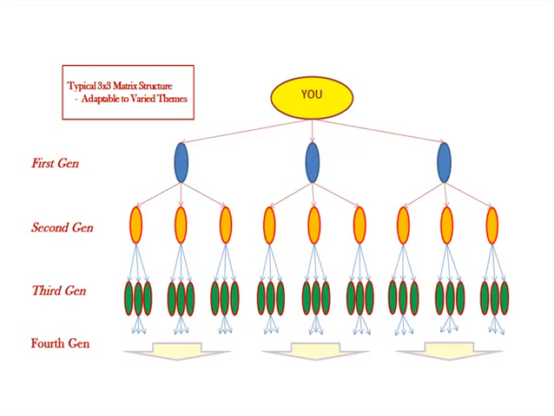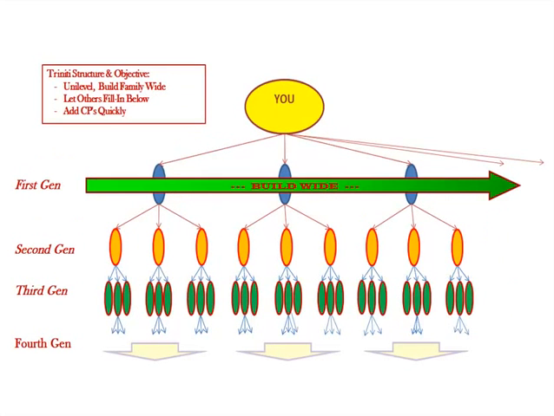Now, it's understandable that a starting point is organizational structure and how that progresses and how it grows. The basic design is typical. It's a 3x3 matrix which is adaptable to many different themes. Now, the Trinity fundamental design is that of a unilevel.